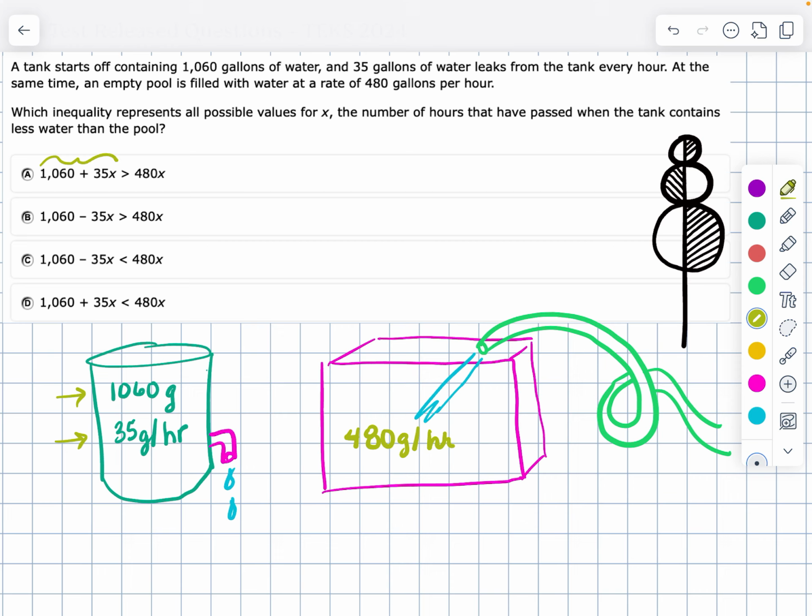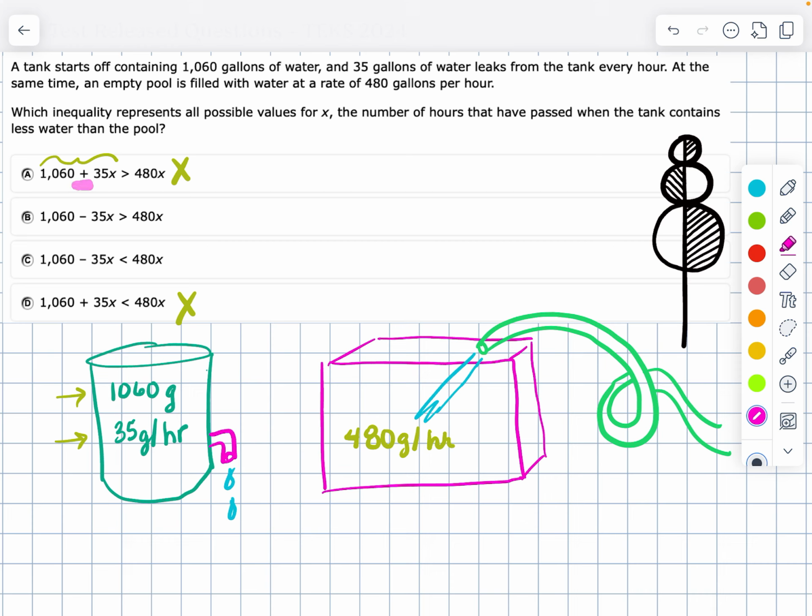The first thing that I see is it's 1,060 gallons and it's losing 35 gallons an hour. So I feel pretty confident in getting rid of these because of this right here.